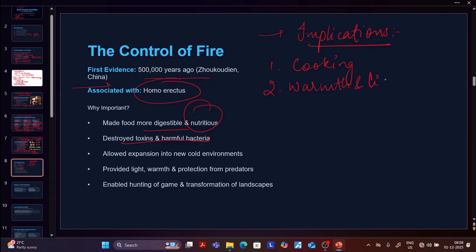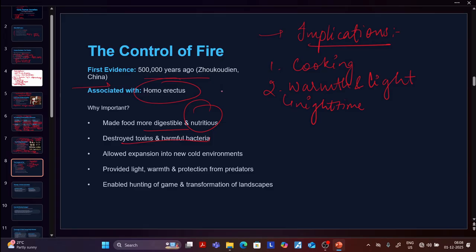Second, warmth and light. Fire extends the usable day. Without fire, your activities must cease when darkness falls. So in the night time, with fire you can work, hunt or socialize after sunset. You can gather around the fire and share stories.